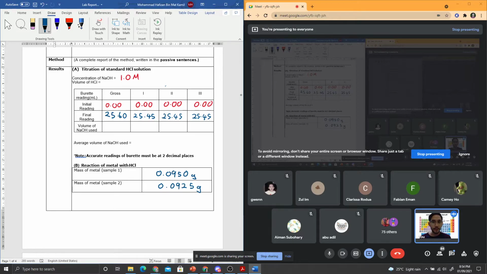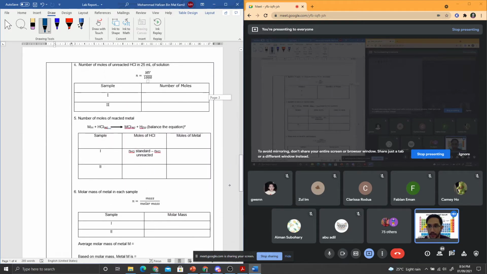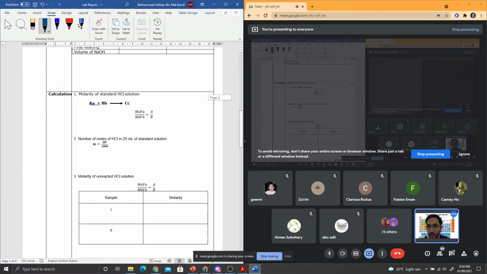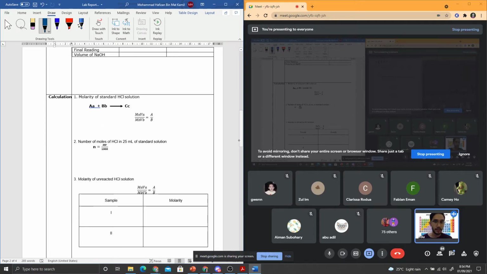That's why we do the first titration. So you get the average volume of NaOH, and then you can calculate its moles and its molarity. For how to calculate it, look at the calculation.